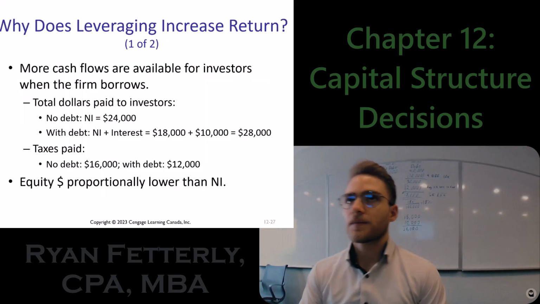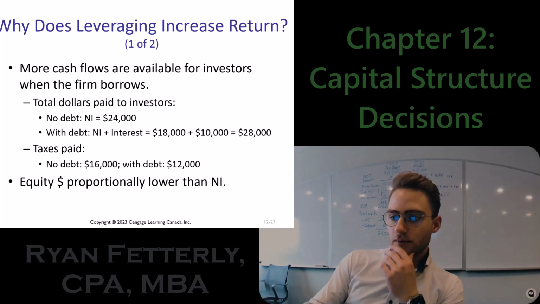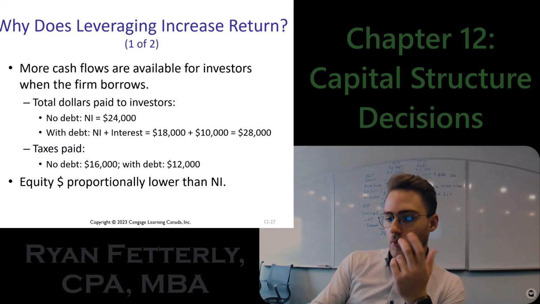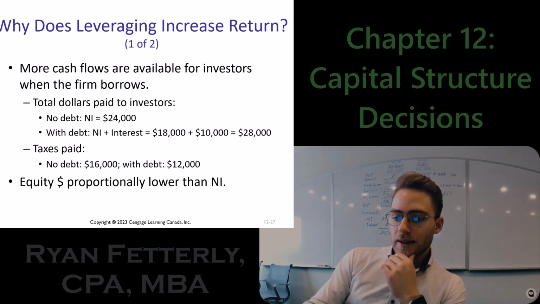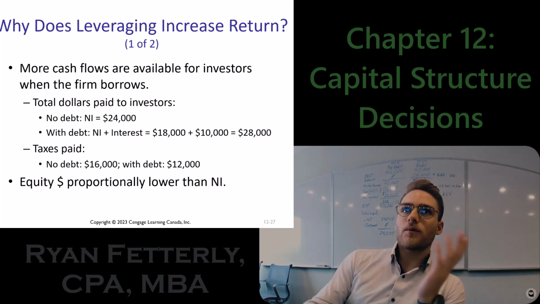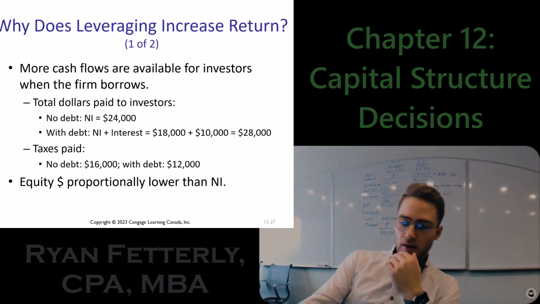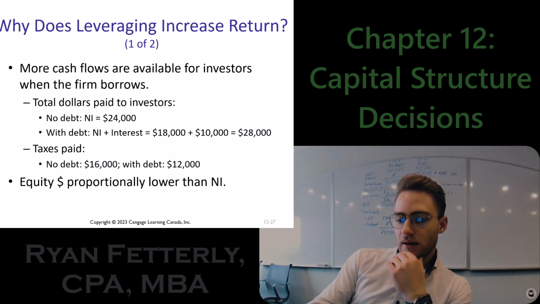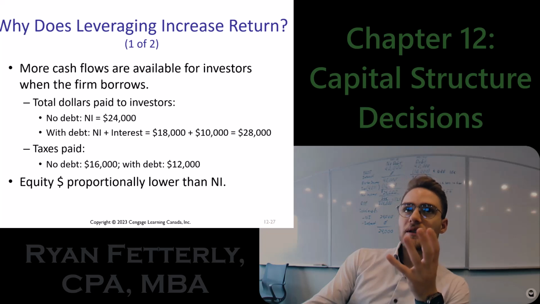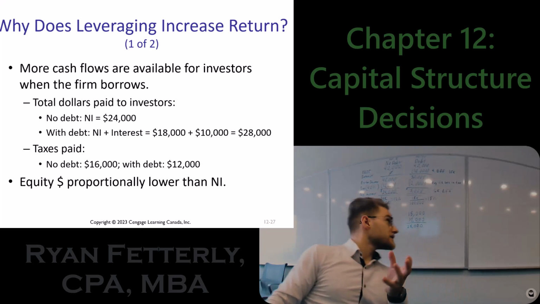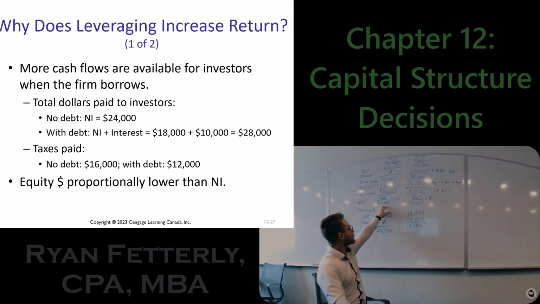Okay, so why does leverage increase return? Well, more cash flows are available, as I just showed you, 24 versus 28, and taxes paid are lower. Therefore, when we pay less taxes, more available to pay out. Equity is therefore proportionally lower than net income, right? Because we're decreasing equity by, like in this case, we decreased our equity by 100,000.